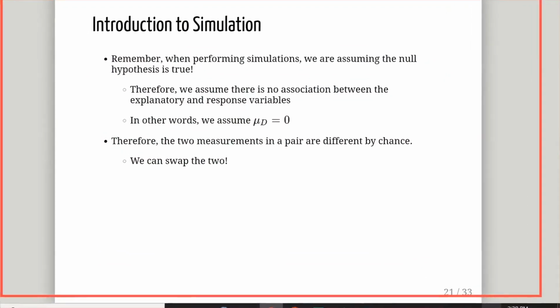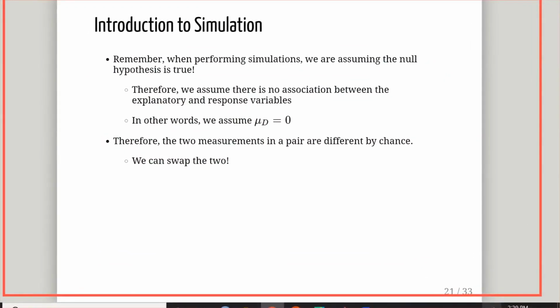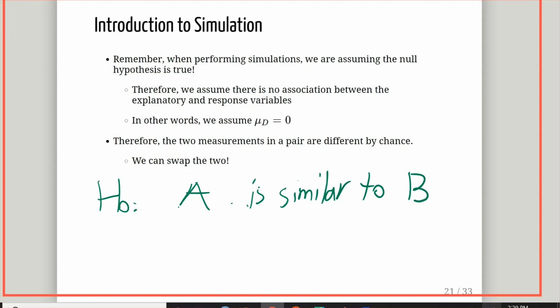And so let's say we have group A and group B. According to the null hypothesis, we are thinking A is the same or similar to group B. If A is similar to group B, then there won't be a problem if we shift or swap some of the measurements around.